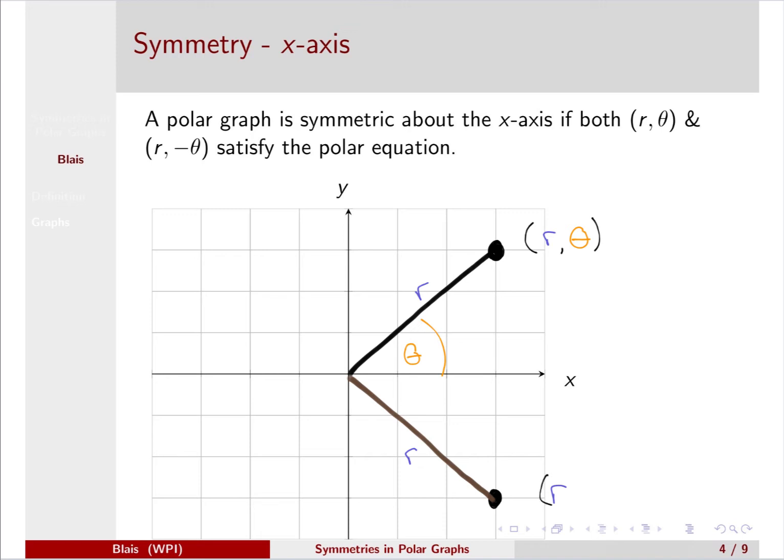Then we have to think about the angle made between this line segment and the positive x-axis. And we see we do not have theta, but we have minus theta.